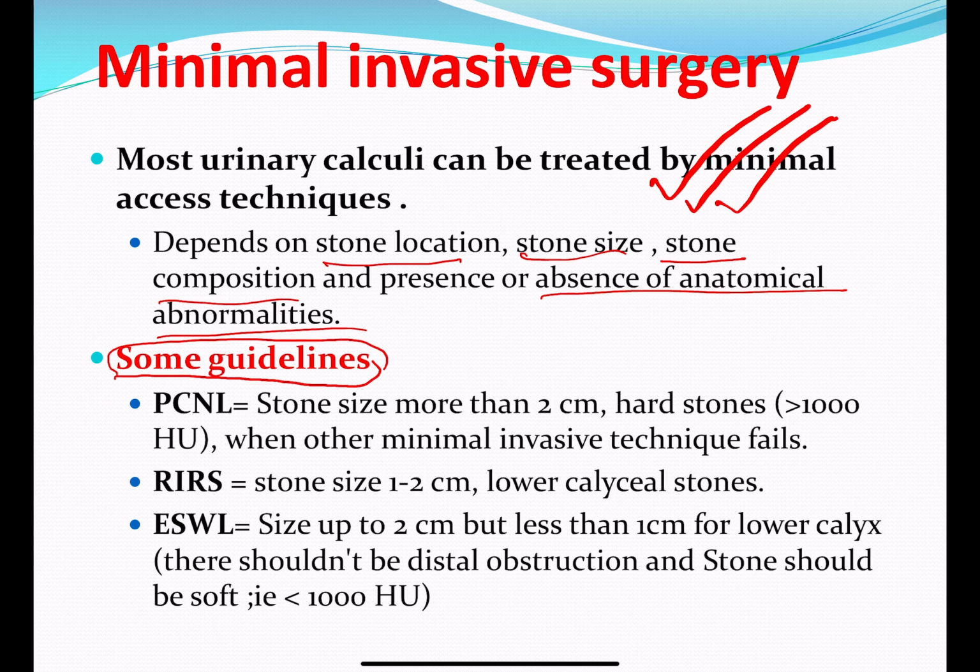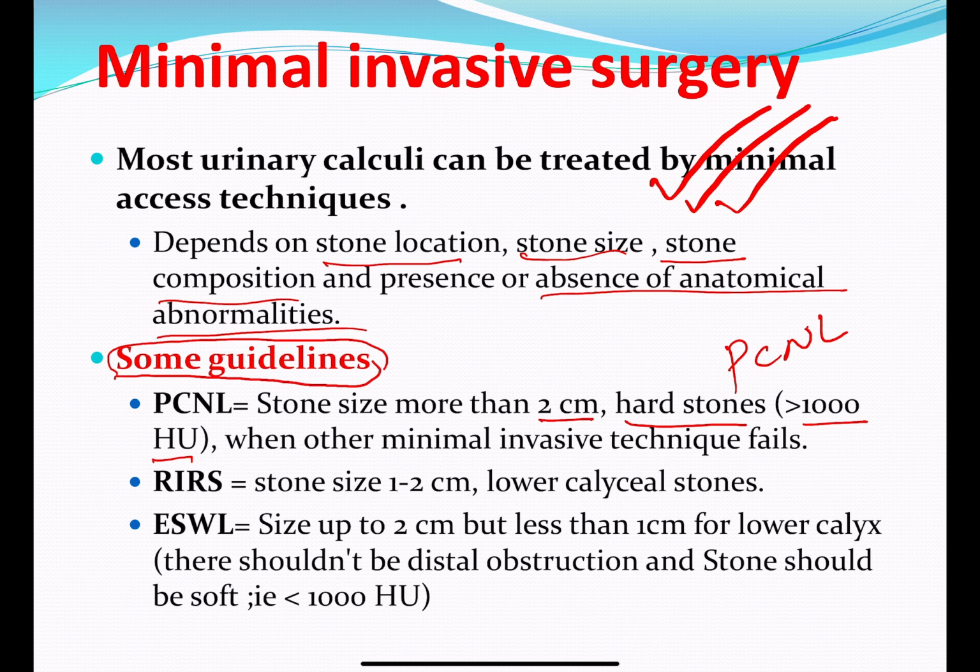Whenever the size is more than 2 centimeter, that is a larger stone, and it is a hard stone, that is, whenever the hardness is more than 1000 Hounsfield units, which is measured by CT scan, then PCNL is the answer. Large and hard stone. Large means size more than 2 centimeter.